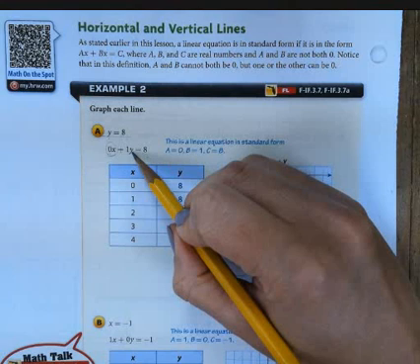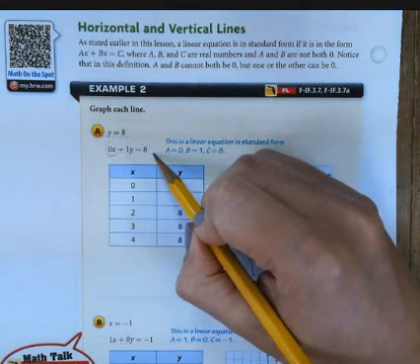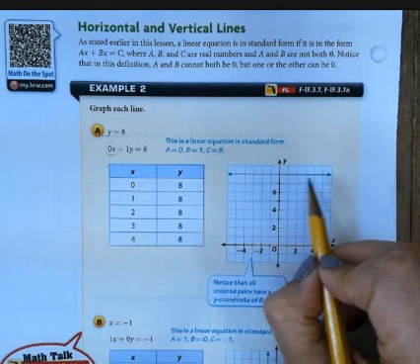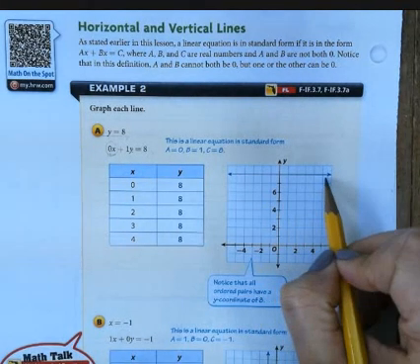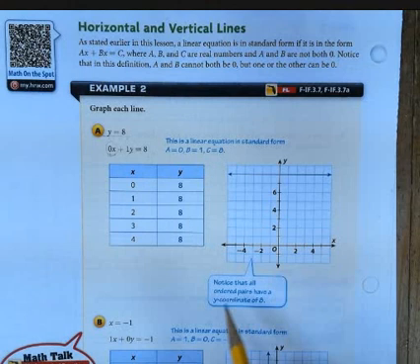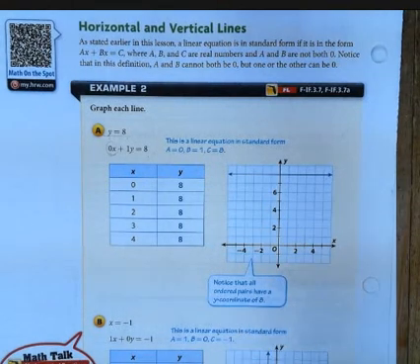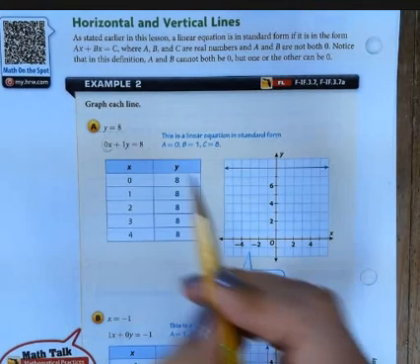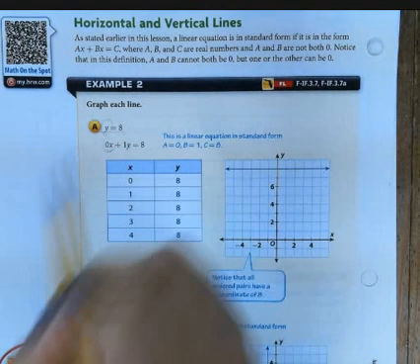Okay, another way of remembering what type of line this is going to give you, if y equals 8, that means that your line is going to be intercepting the y-axis at positive 8. Okay, and using that same idea, you can see here that with x equals -1, you are crossing the x-axis at -1 as seen here on this graph.